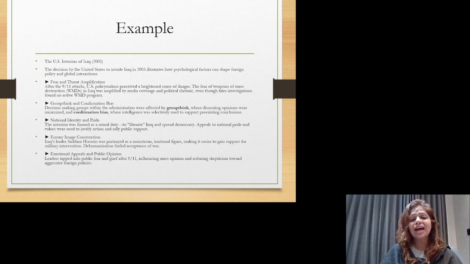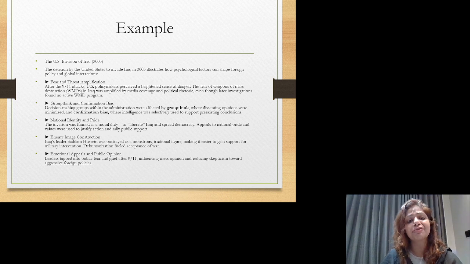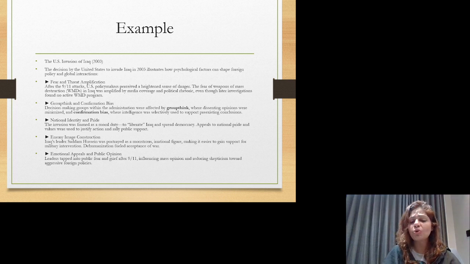The entire decision was influenced by fear and threat amplification of Iraq being the host of terrorism spots, how groupthink and confirmation bias had an important impact, how national identity and pride was assumed by the US and also by Iraq with its state of liberation, enemy image construction, taking revenge, and how dehumanization was also fueled as acceptance of war, and how emotional appeals and public opinion tried to create an influence over the decision.